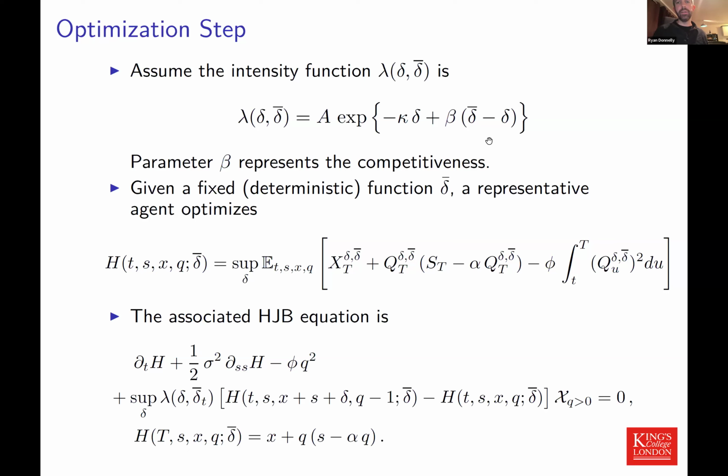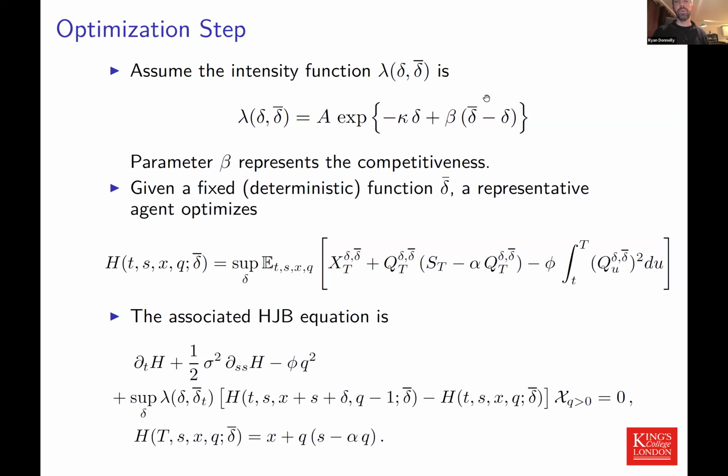And so we wanted to not change this too much, to hopefully keep the computations somewhat tractable. But what we've added is a competition effect, which essentially comes in here as follows: if the price that a particular agent is quoting is lower than the average price in the market, then this intensity will be larger, and vice versa.